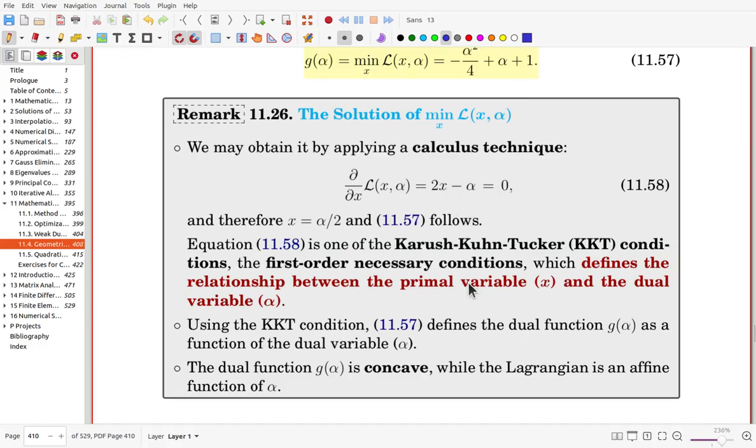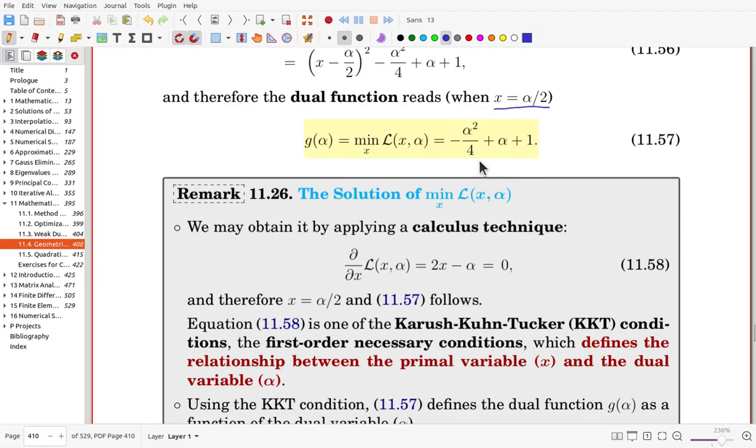The dual function is concave, while the Lagrangian is an affine function of alpha. Here it is quadratic, with a negative coefficient for the square term, so the shape of this dual function is given in this way.